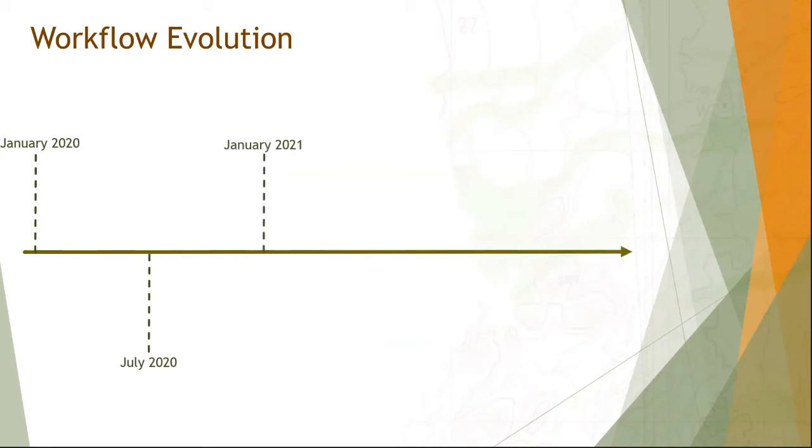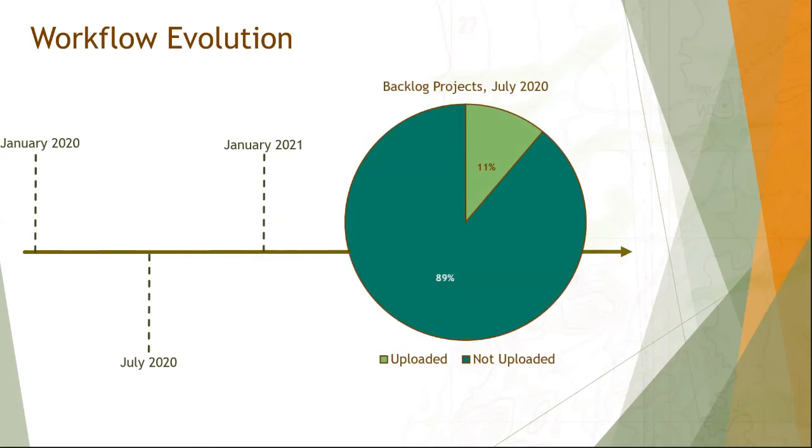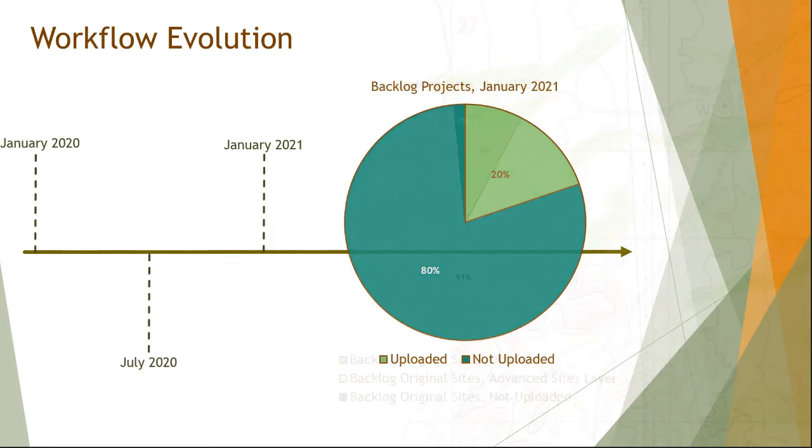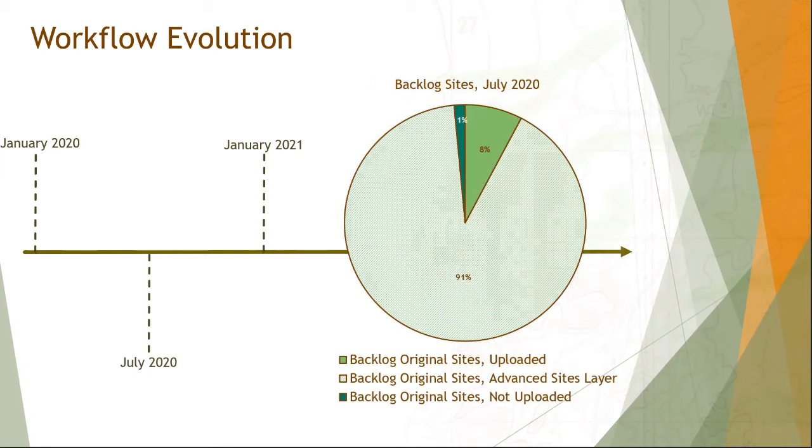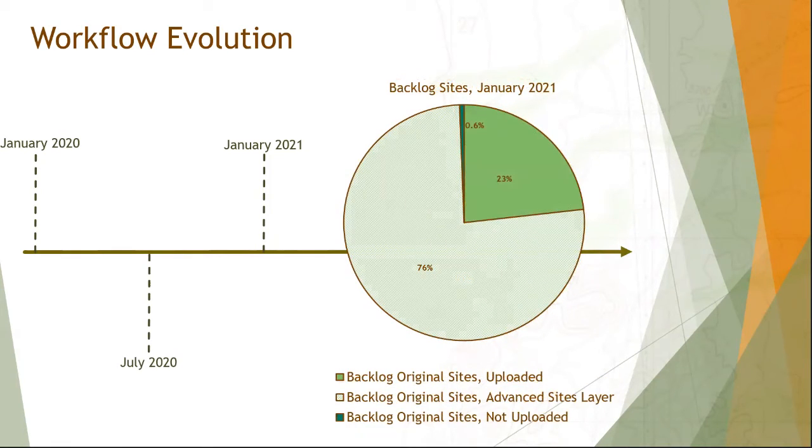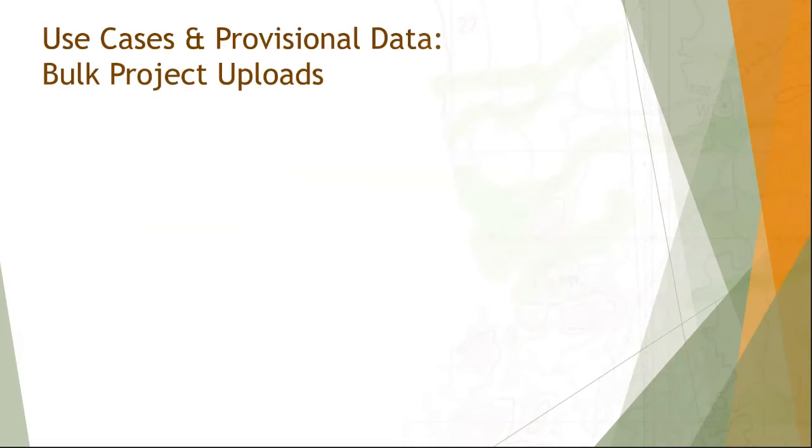So having done all that work, by January of this year, in terms of projects, we had gone from 11% uploaded in July to 20% in January. In terms of sites, we had gone from 8% fully uploaded to nearly a quarter fully uploaded in January. So pretty good progress. But by spring of this year, we were feeling pretty good about our progress on the sites, but we were feeling that we were going too slow on the projects.